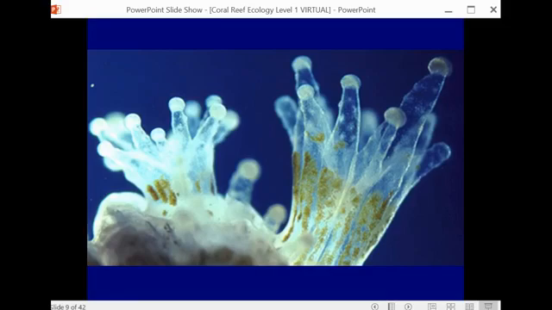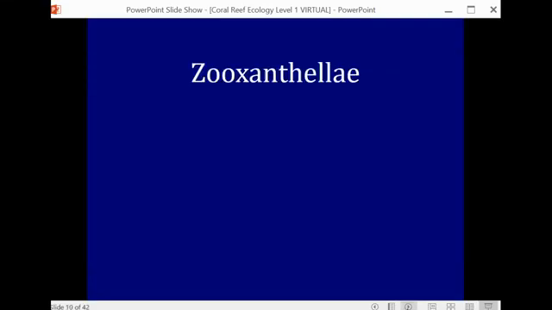That color isn't coming from the coral itself, but from an algae that lives inside of the coral polyp. That algae is what gives coral its color, okay? And that algae has a big fancy word. It is called zooxanthellae. Zooxanthellae.